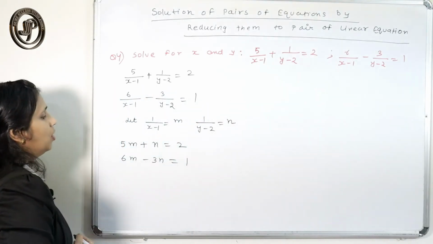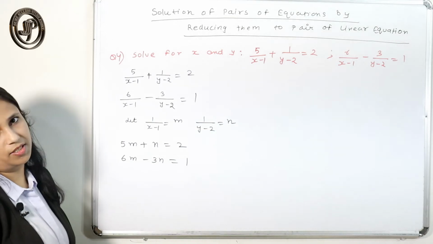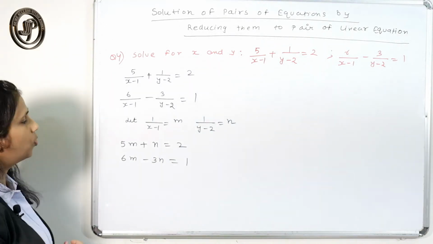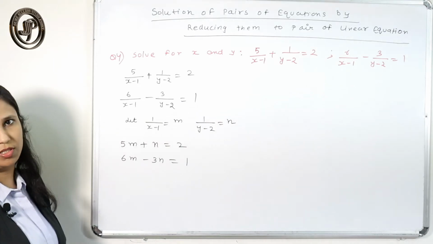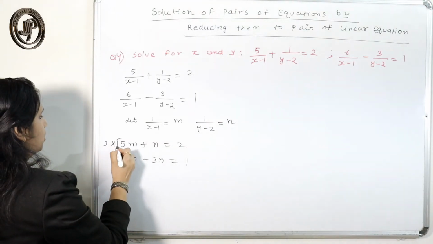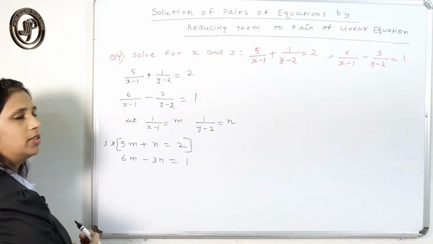Now here I am going to eliminate n first. That is up to you, whether you eliminate m or n. Then what should I do? I just multiply this equation by 3, because here it is 3, here it is 1.